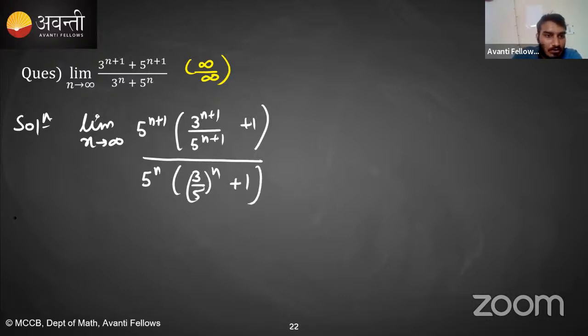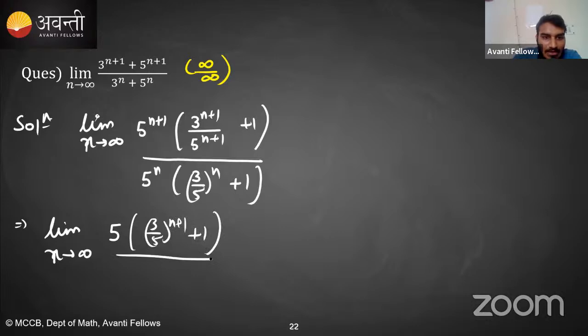Clear? So it is nothing but limit n tends to infinity of 5 raised to the power n plus 1 upon 5 raised to the power n, which is 5, into 3 upon 5 raised to the power n plus 1, divided by 3 upon 5 raised to the power n plus 1.